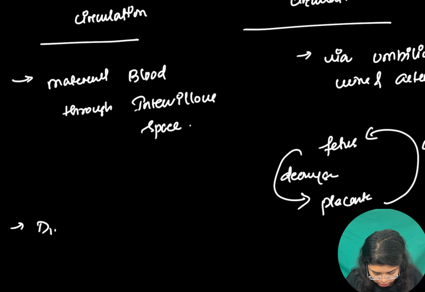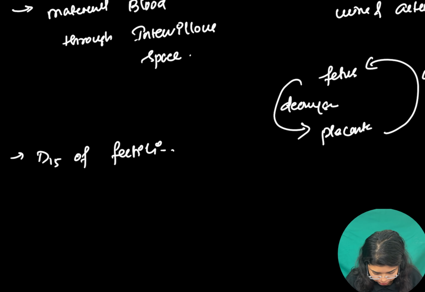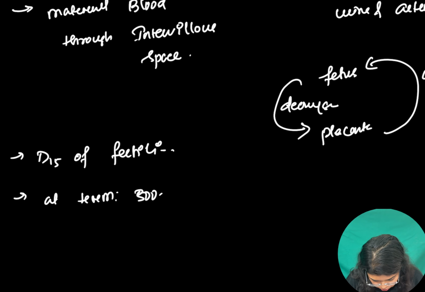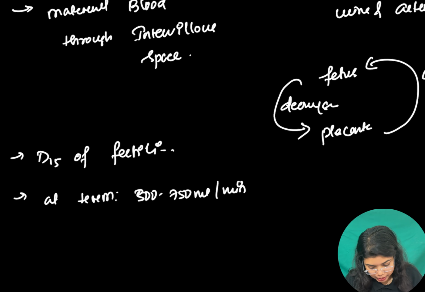It is established at day 15 after fertilization. And at term, the maternal blood flow to the placenta is 500 to 750 ml per minute.